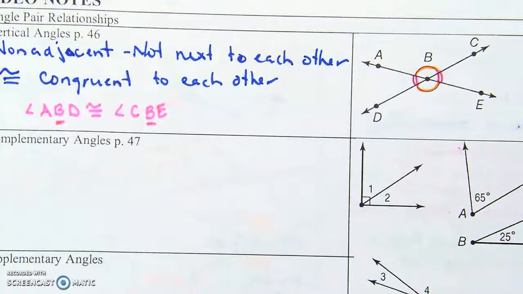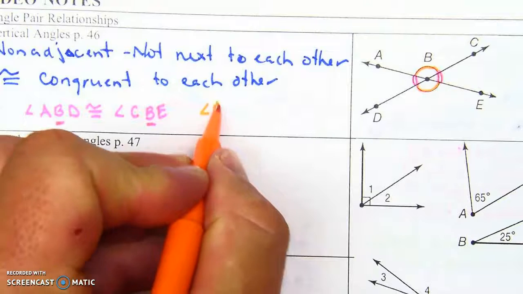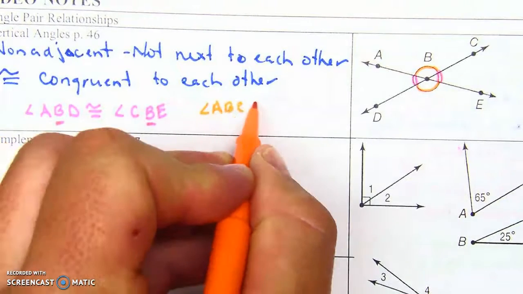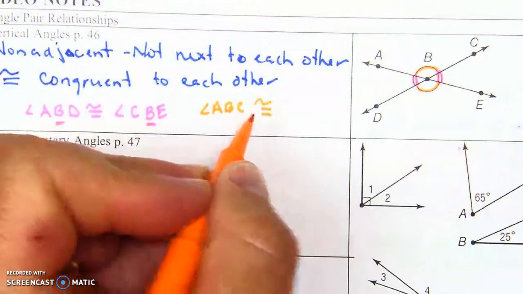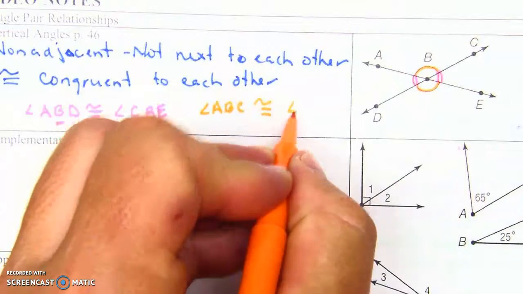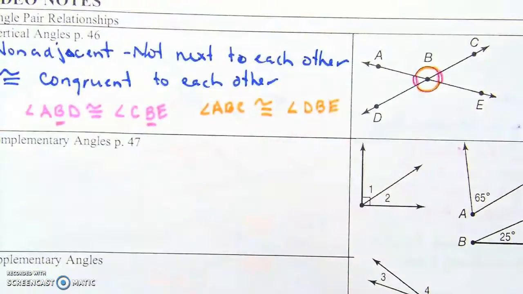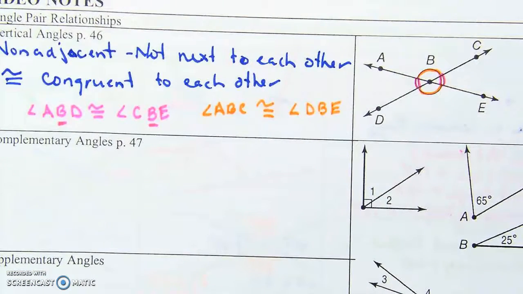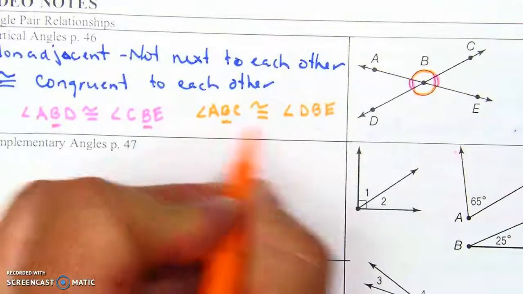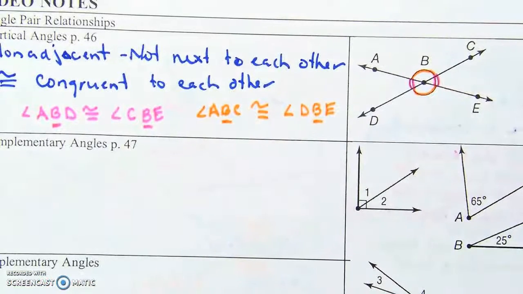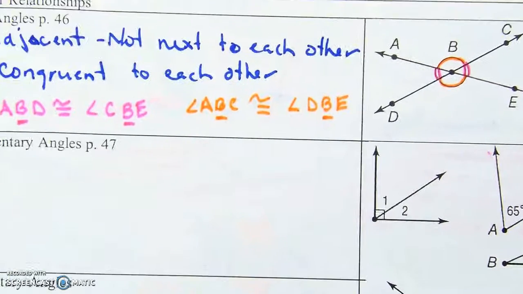And that means we can go the other direction, and we said that angle ABC is congruent to angle DBE, okay? Again, in the middle is our vertex that we talk about all the time. That's important to do. Okay, all right. So let's go back down and zoom back out.